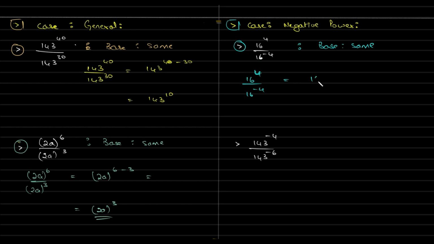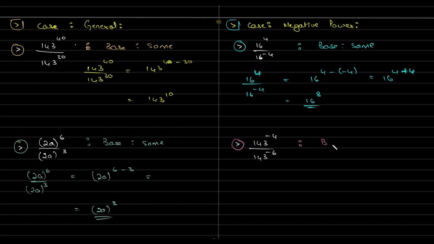So this will be 16 to the power of 4 minus of negative 4. So 4 minus of minus is plus 4, right? And we have the answer to be 16 to the power of 8. Make sense? All I'm doing is negative of negative because the power was negative. That's it. It's not that difficult, right?